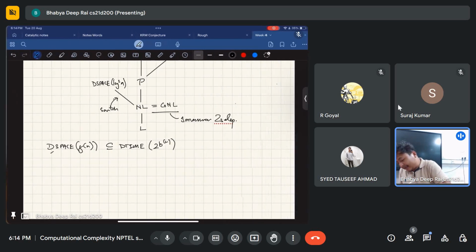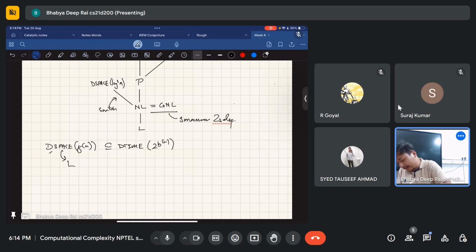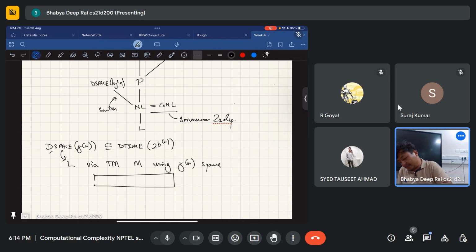Take any language L that has a Turing machine M using f(n) space. Now, it takes f(n) space, so how many cells does it use? f(n) many cells.